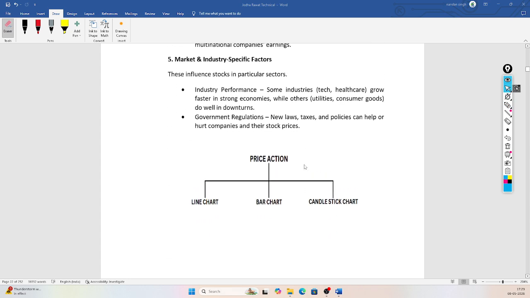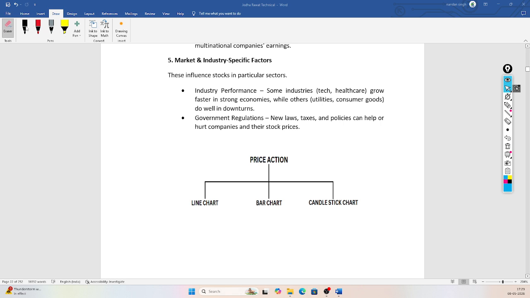Okay, now we have our fifth one: market and industry specific factors. These influence stock prices in particular sectors.